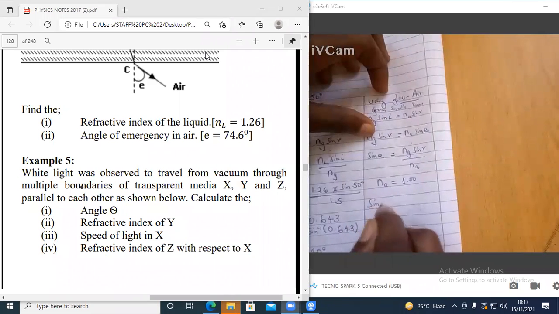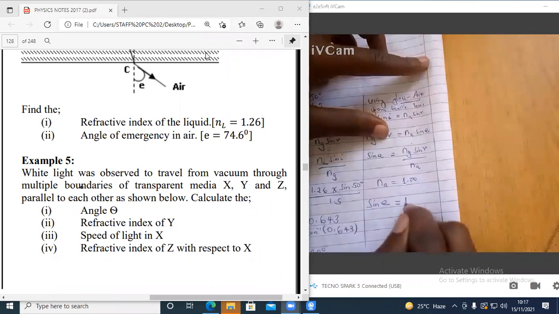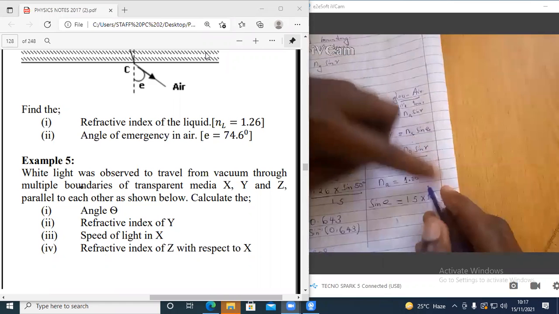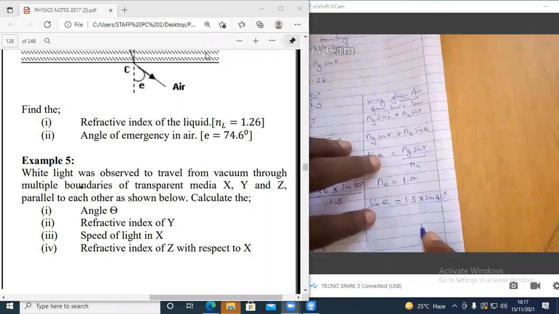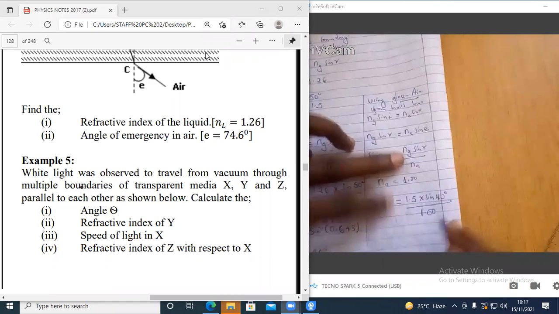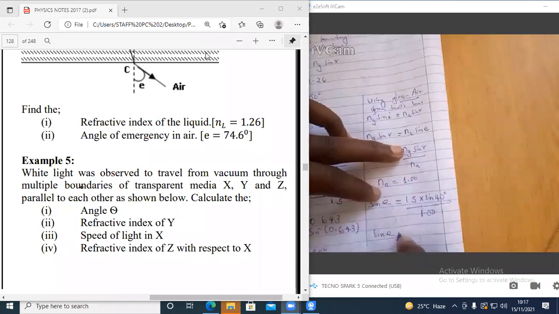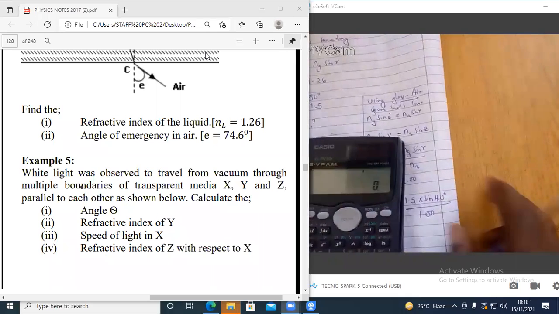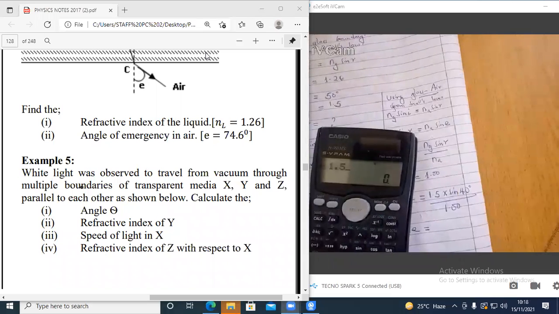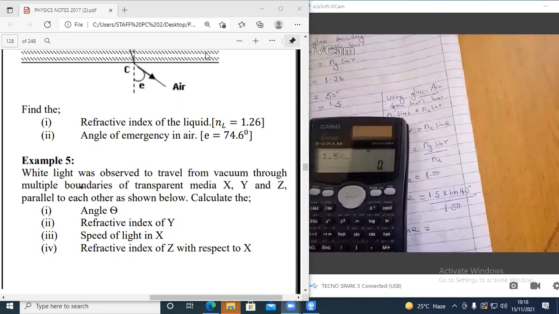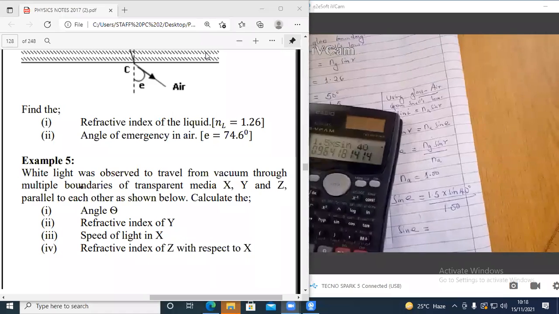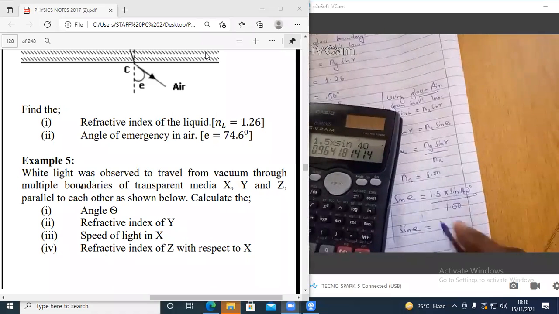So sine E is equal to 1.5 times sine of R, which we have got, which is 40, sine of 40 degrees, divided by 1.00. If you divide by 1, you still get the same value.